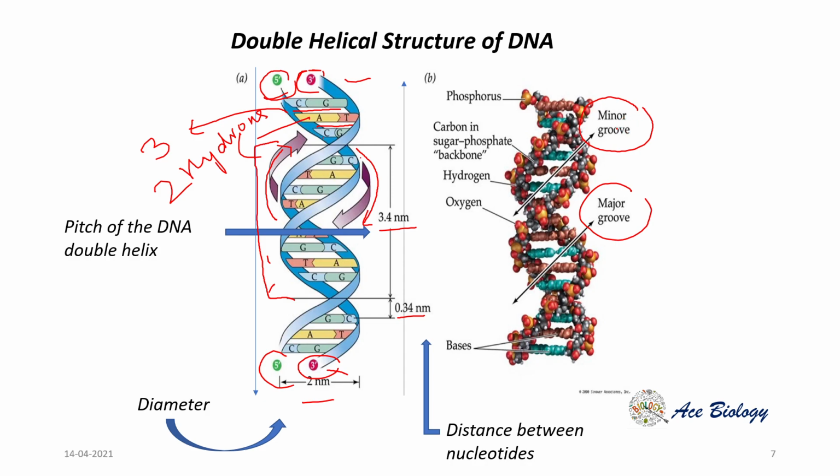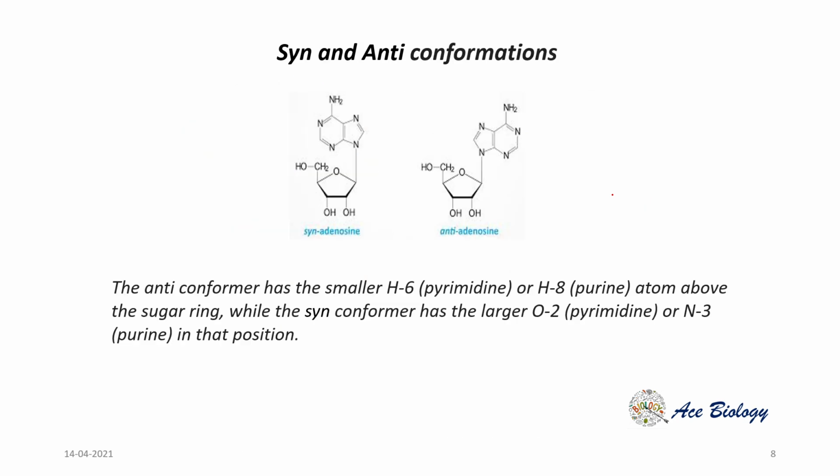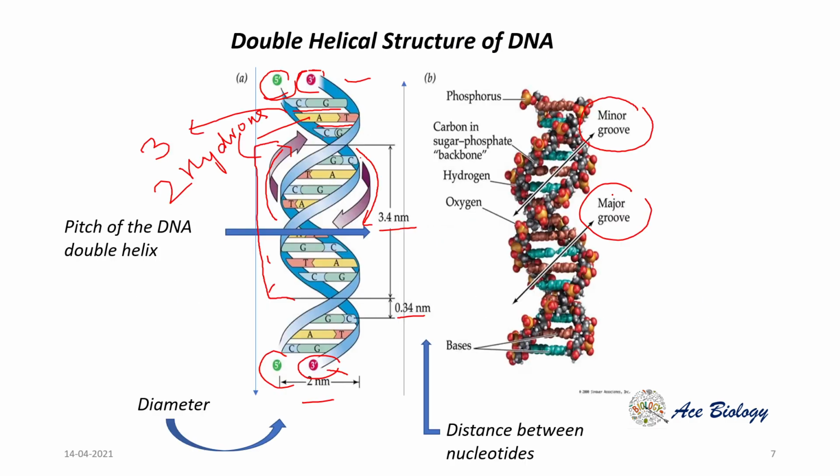Now the minor groove will be a little narrower as compared to the major groove. Because of this glycosidic bonds, we came to know that in our DNA there will be formation of some of the grooves which will be either minor or major.